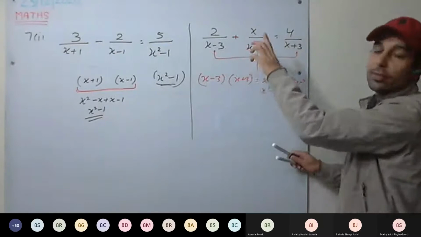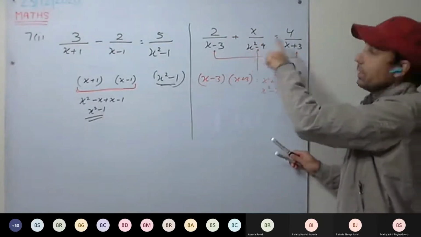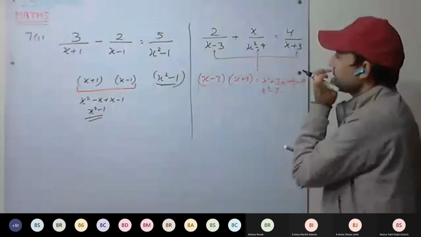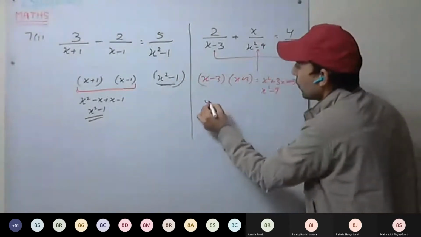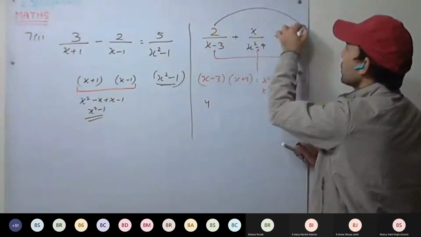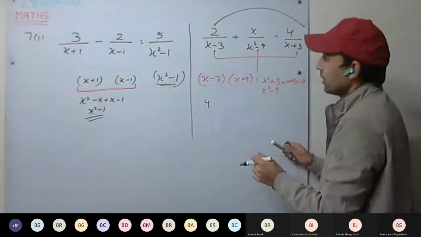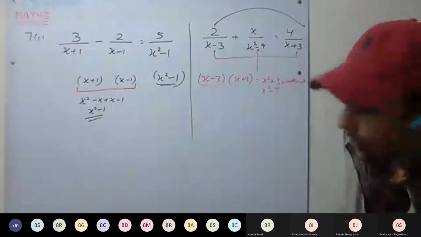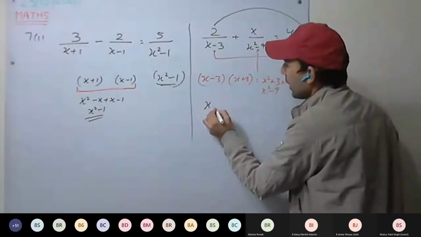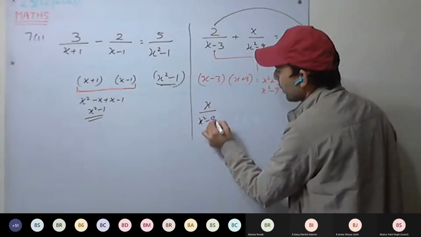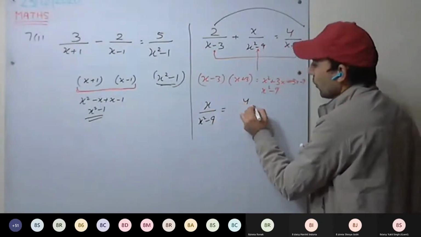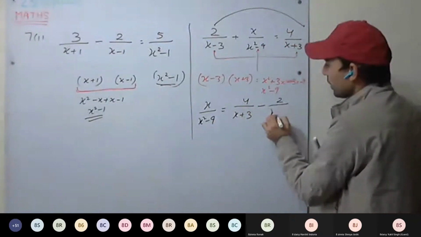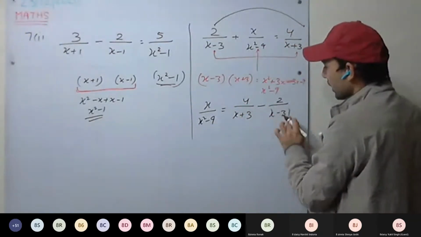So we'll rearrange the equation. How can we rearrange it? It can be written as 4. If we take this from here to here, how will the equation be? x upon x square minus 9 equal to how much? 4 upon x plus 3 minus 2 upon x minus 3. Is it fine?